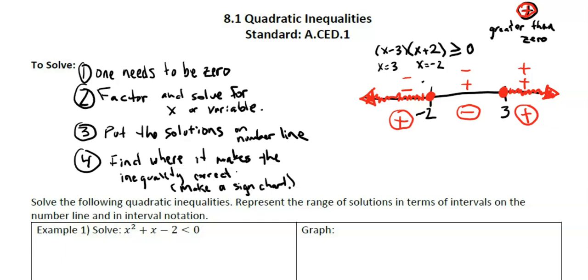In interval notation, that's negative infinity to -2, the bracket, and then we use this U symbol, union. That means it joins with the solution set off to the right with +3. We use a bracket at both 3 and at -2 to show that it can be equal to -2 and also equal to 3. Then it continues off to positive infinity on the right.